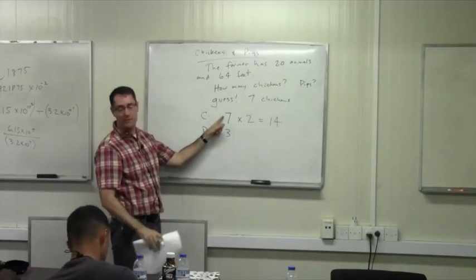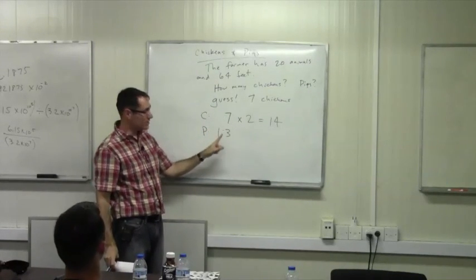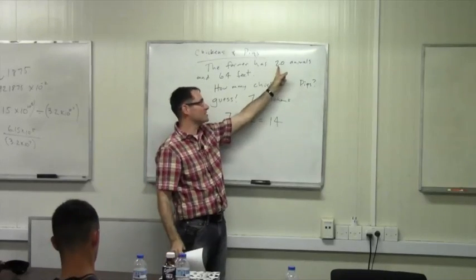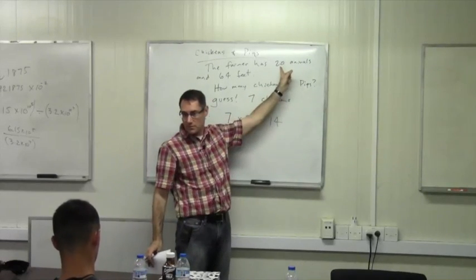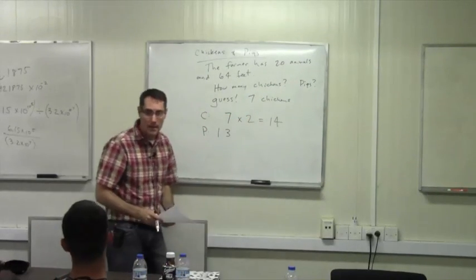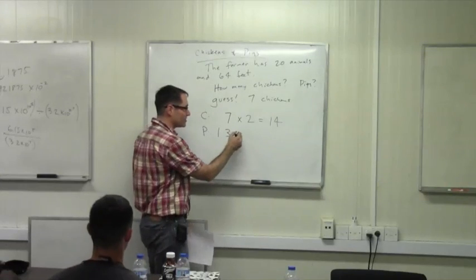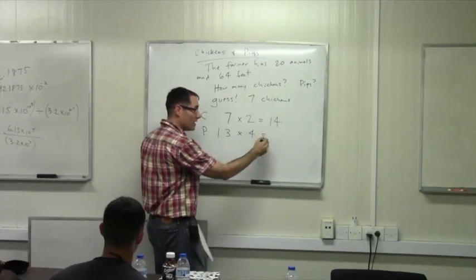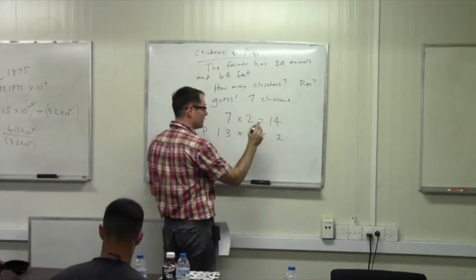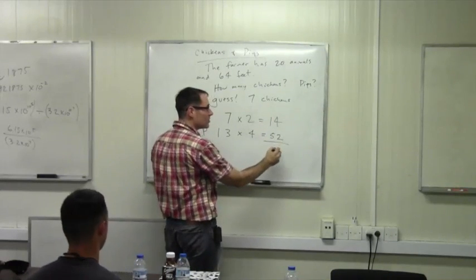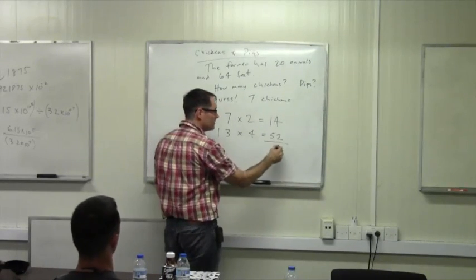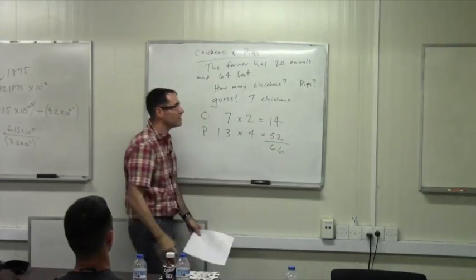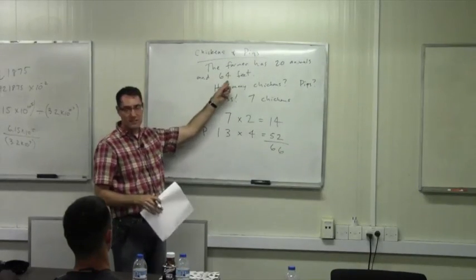Because 7 chickens plus 13 pigs gives him a total of 20 animals. What's that? Well, I don't know. Let's find out. 13 times how many feet do pigs have? 4. 13 times 4 is 52. For a total feet count of 66 feet. No. We said he had 64 feet.